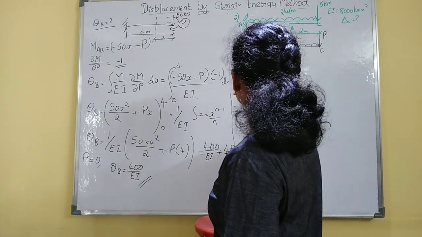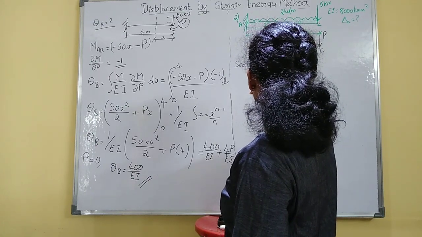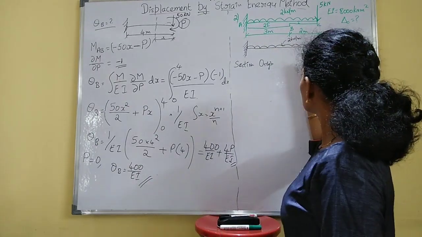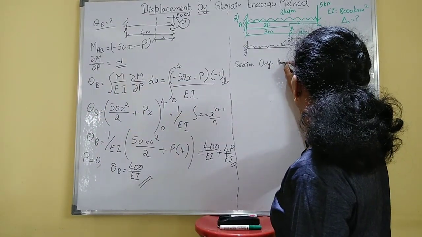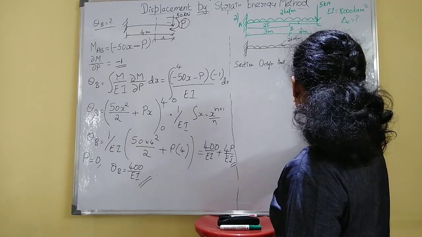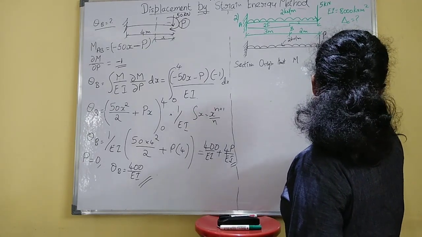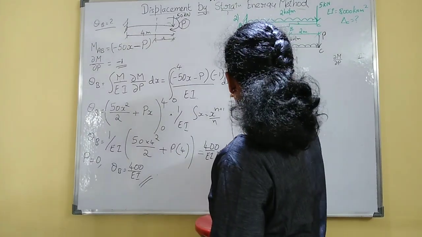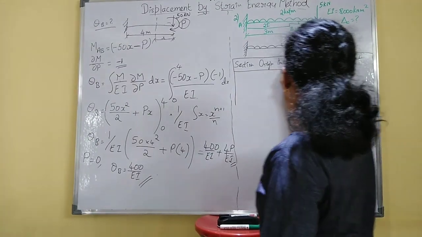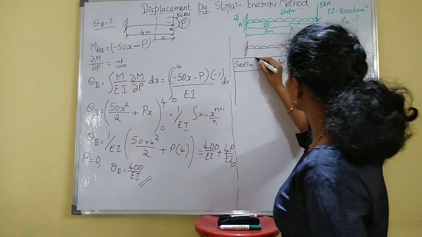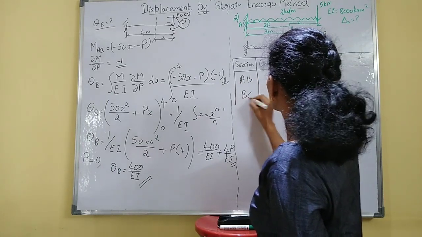Write the section, origin, limit, next M, dou M by dou P, and finally I. How many members here? 2 members, AB and BC. Add those members, AB, BC.